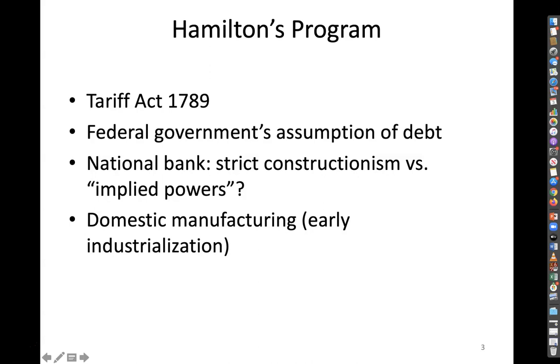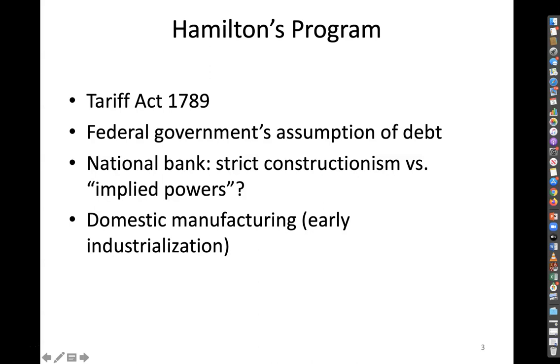The very last power, if you recall, was something we call the elastic clause. This has other names like the necessary and proper clause. And moreover, it's also called the implied powers doctrine, right?